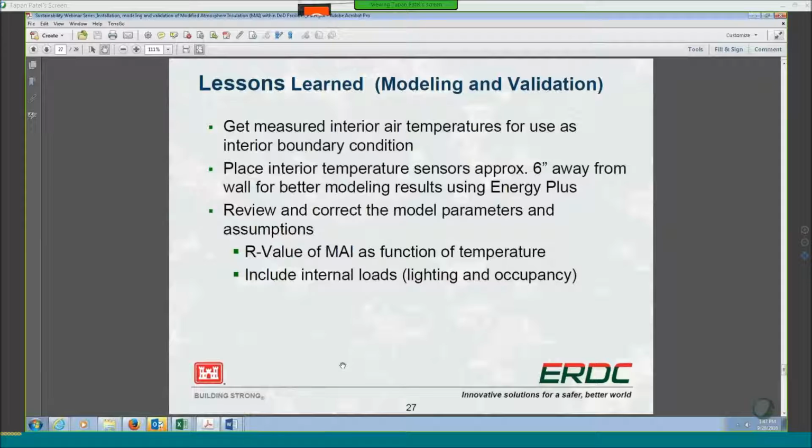A couple of items we need to follow up on in order to improve our model are to account for the R value as a function of temperature, and to include some of the internal loads, for lighting and occupancy, when we get to that point.